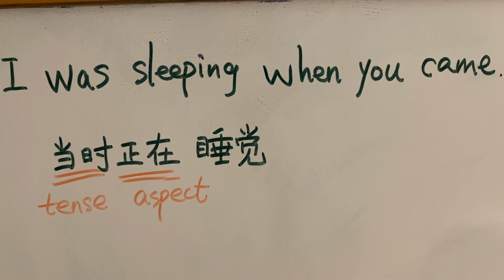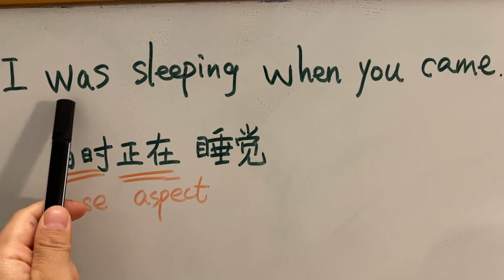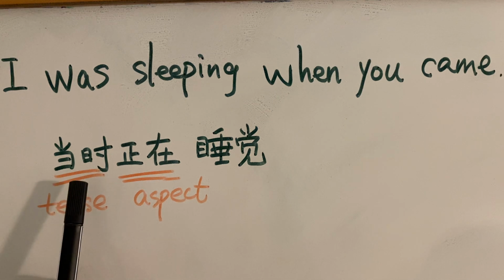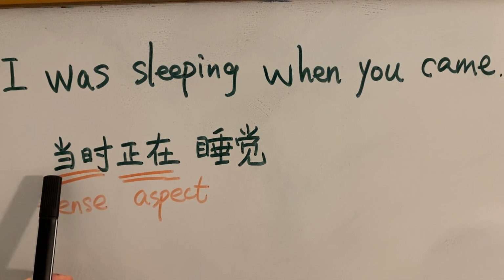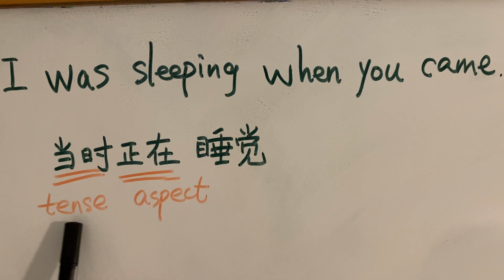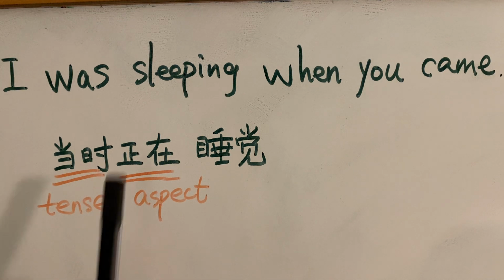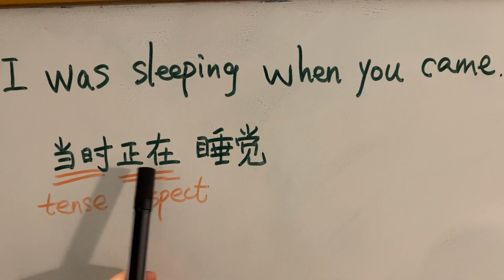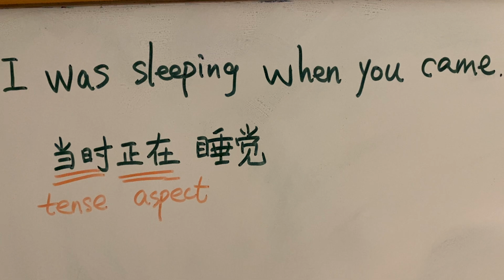This sentence can be translated into 我当时正在睡觉. I was sleeping: was can be translated into 当时, which means at that time, and this is the tense of the sentence. Sleeping is the aspect of the sentence. 正在 means in the middle of doing something.